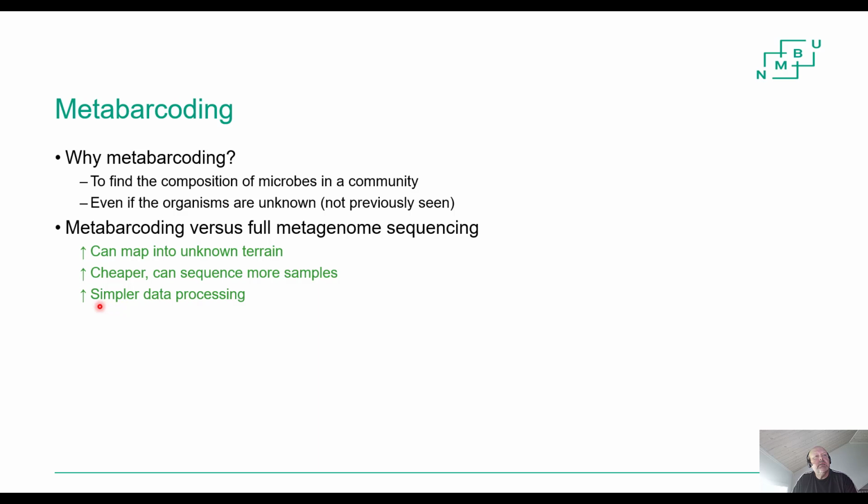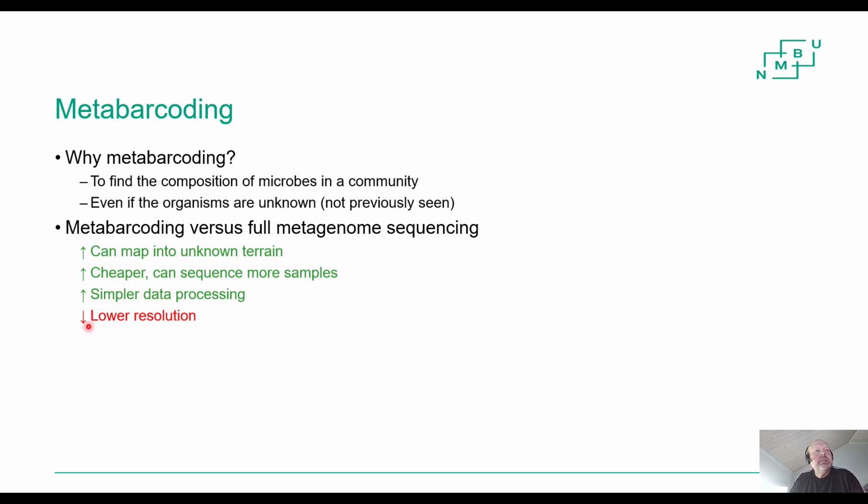Doesn't require the expertise, perhaps. Yeah, I'm not so sure that's a big difference, but at least it doesn't require the high performance computing, which we will do in bin 310 as well, and which we have to do when we come to full metagenome sequencing.